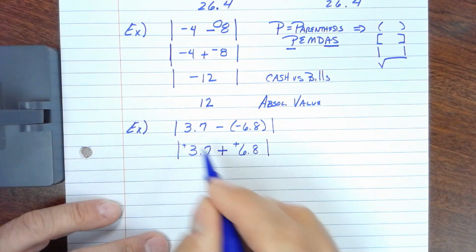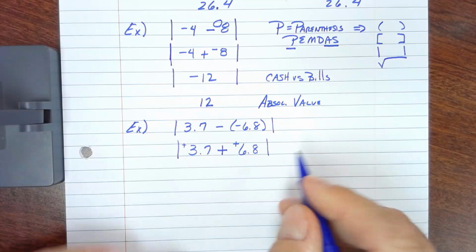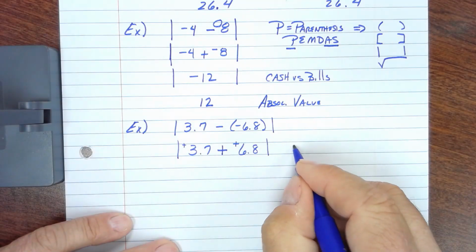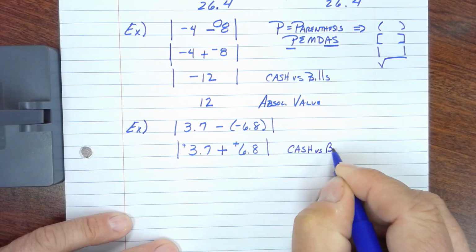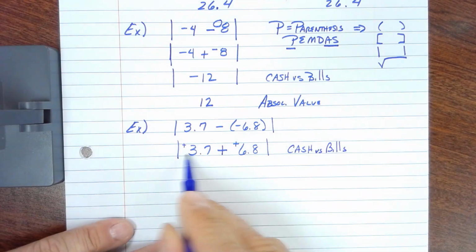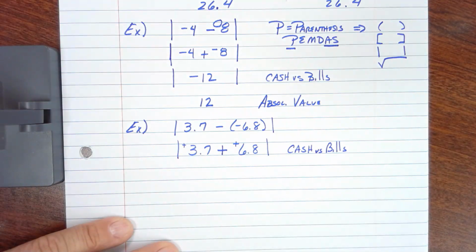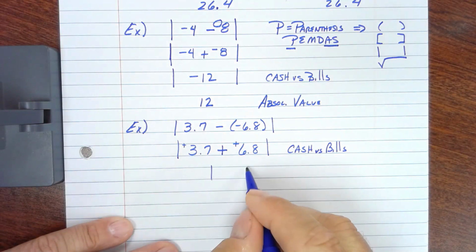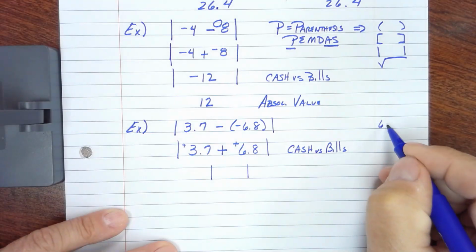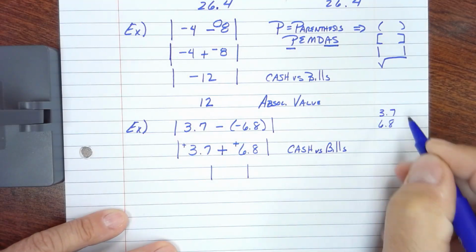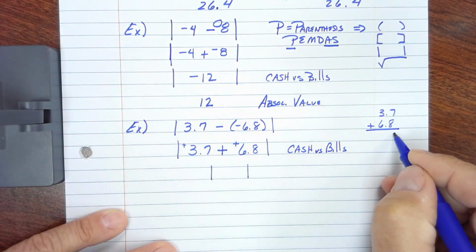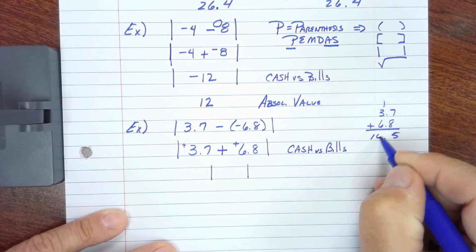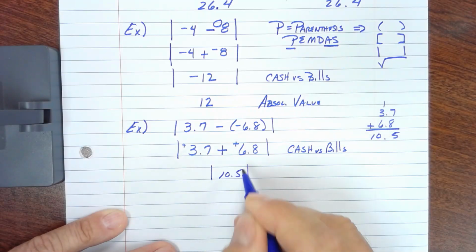It also is positive. So I ask myself, cash versus bills. Oh, that's good. All I got is cash here. And I'm going to take 6.8 and 3.7. I'm going to add them together because they're both cash. And I end up with 10.5.